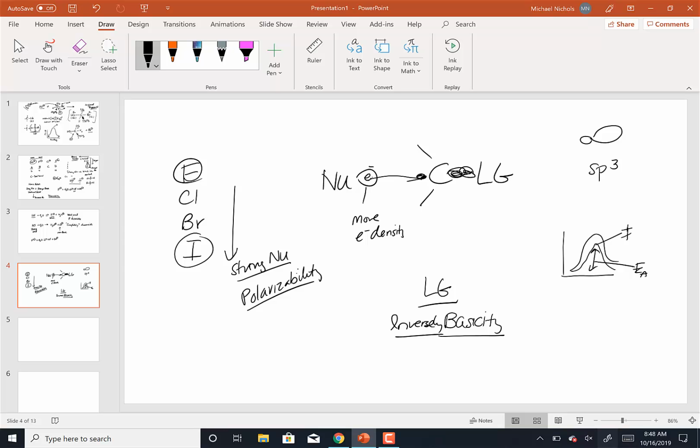Inversely. It's inversely related to basicity. So the stronger the leaving group is as a base, the poorer it's going to be as a leaving group. The weaker it is as a base, the better it's going to be.